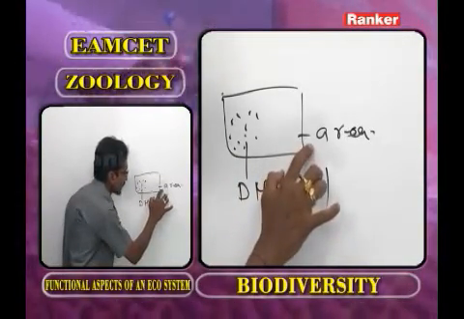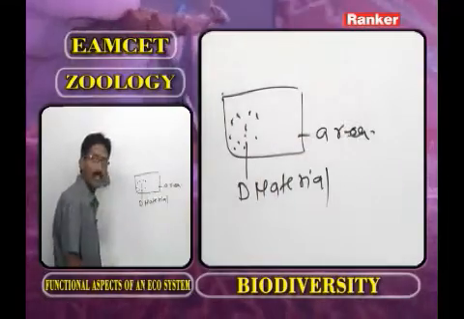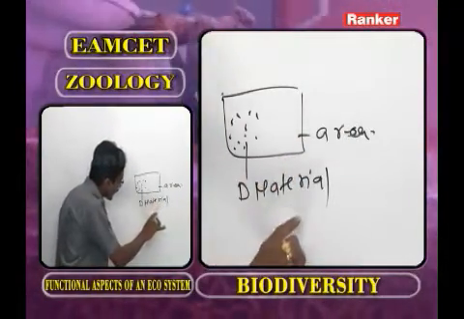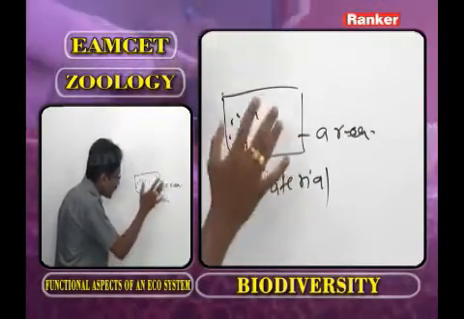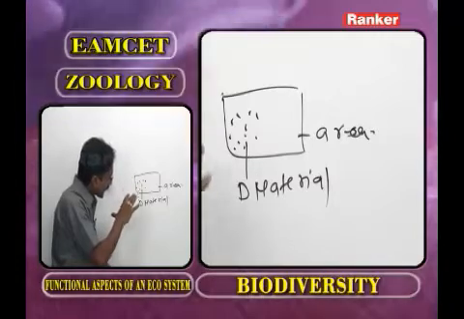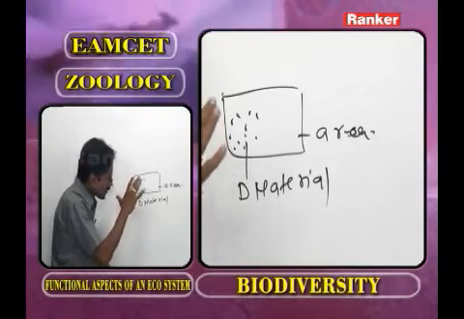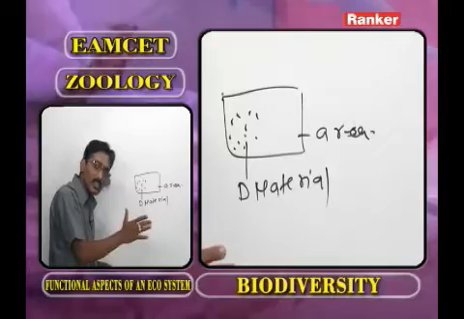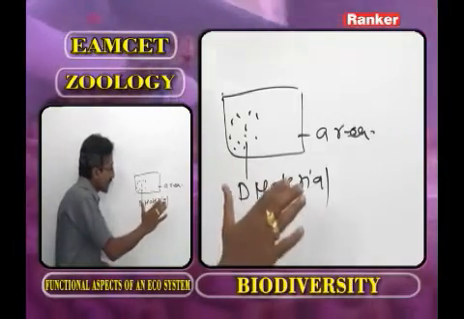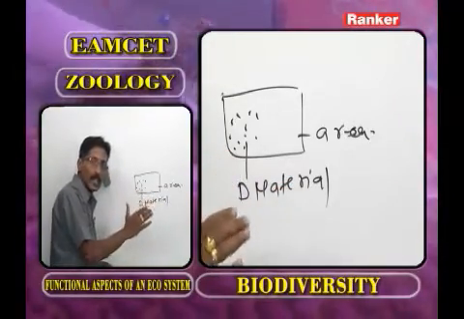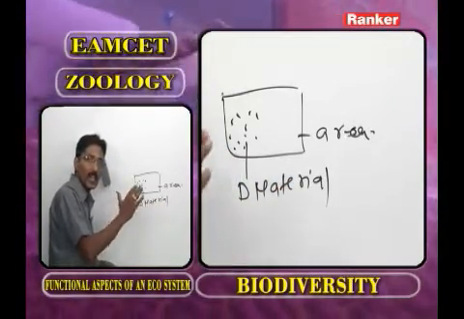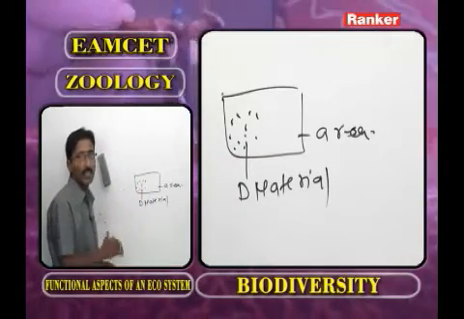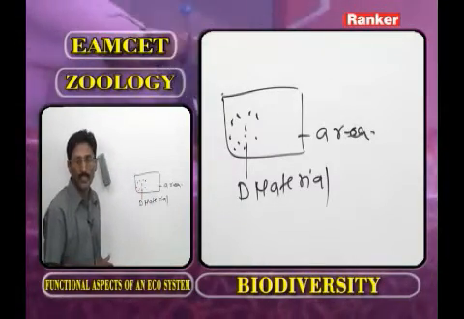Here it is an area or a habitat. In this, what are predominant? The dead and decaying decomposed material. If decomposed materials are predominant, the heterotrophs gradually, orderly going to develop. That we call it as heterotrophic succession.